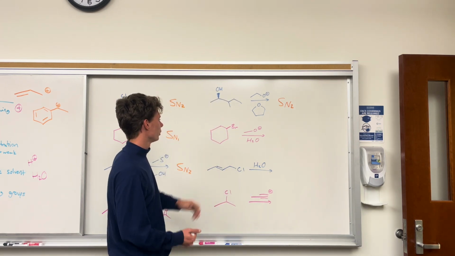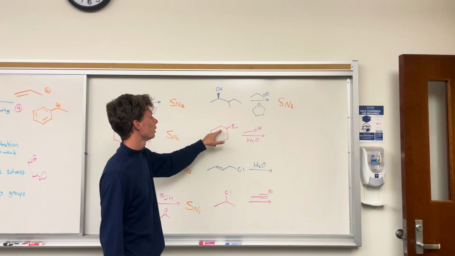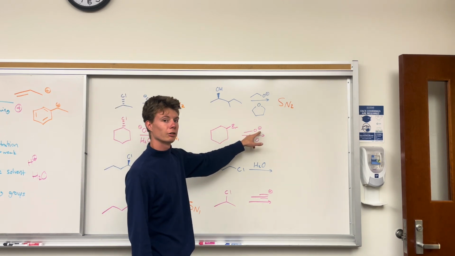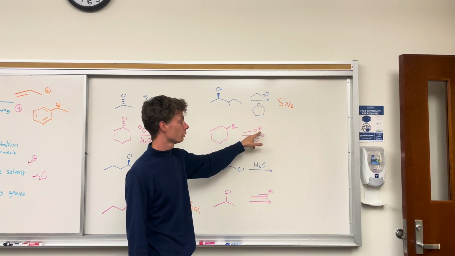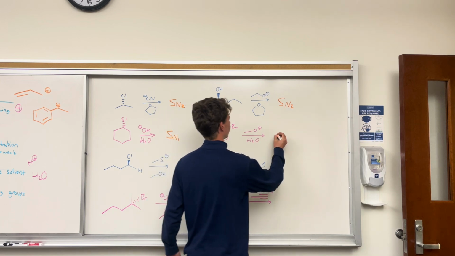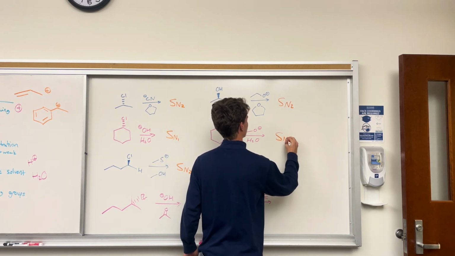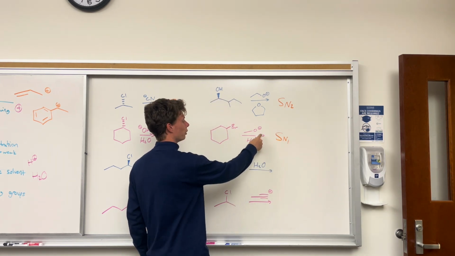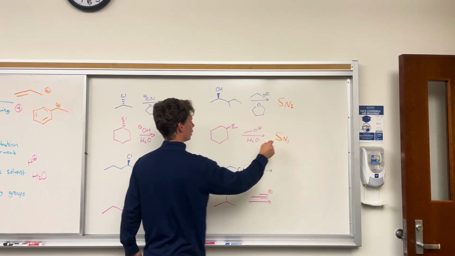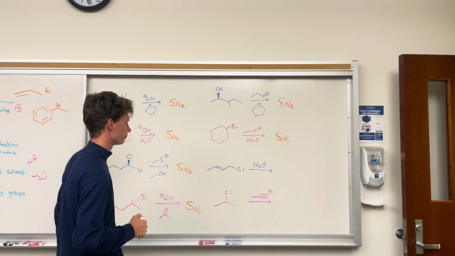Our next example here, I see I have a good leaving group with bromine in a secondary position. I have a strong nucleophile, so this is going to favor SN2, polar protic solvent, however, SN1. These two are going to interfere with each other. It's going to slow my rate down. It's going to be better if I just have SN1 and get a carbocation intermediate in there.